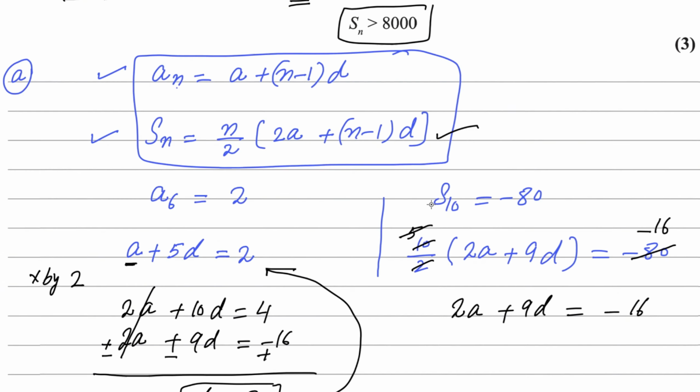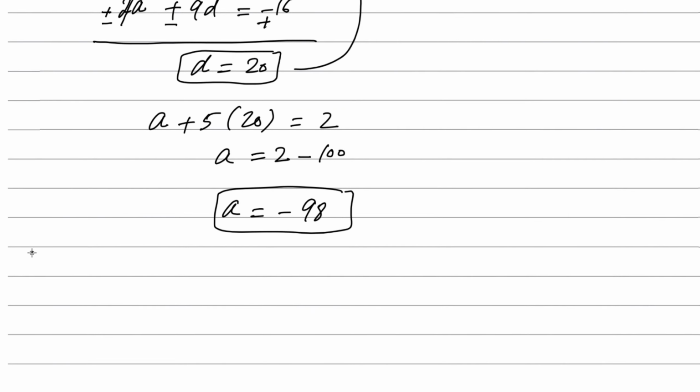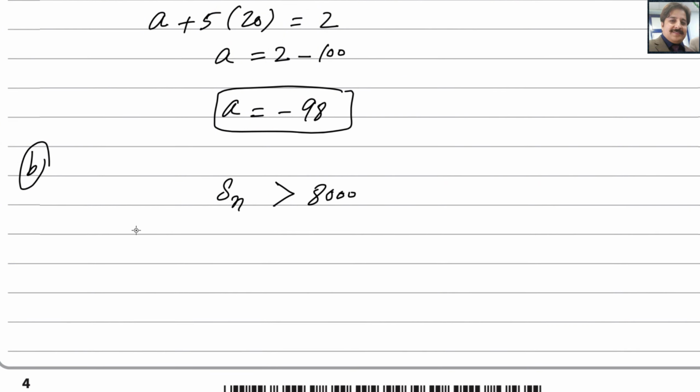So we will start with this given condition for second part. Sn is greater than 8000. Replace Sn by its formula, that is equals to n by 2 into 2a plus n minus 1 into d, greater than 8000. Now you replace the values of a and d here.